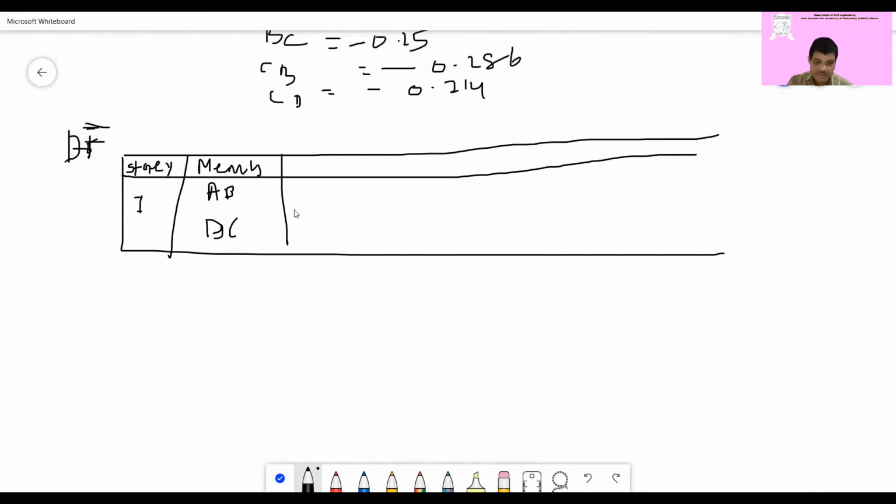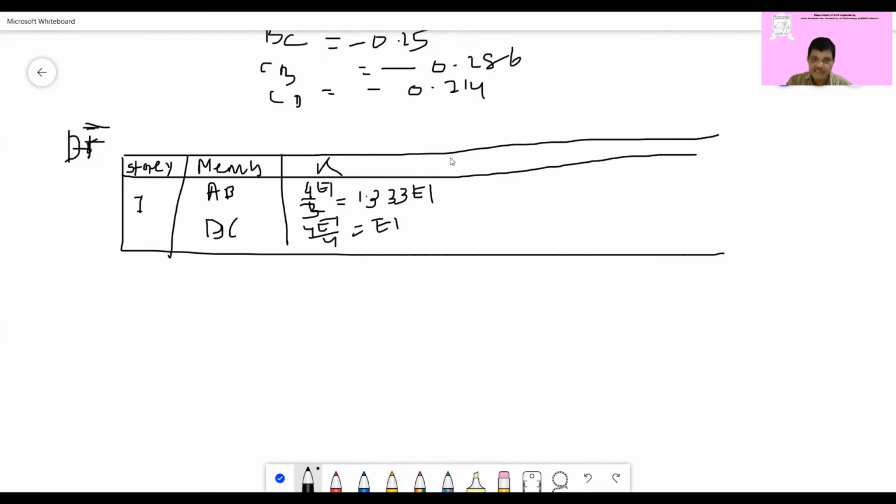And then you have the K value. K is equal to 4EI by L, since both ends are fixed. Here L is 3, so it is 1.33 EI. And for DC, 4EI by L is EI.